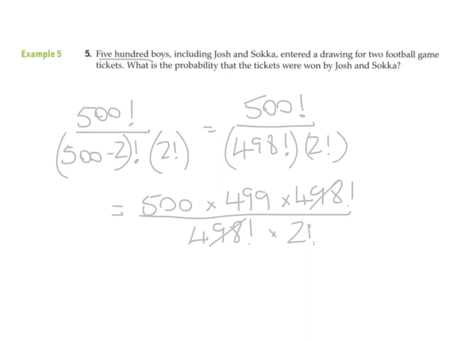The only thing that can be simplified is that 2 goes into 500 250 times, and if we do 250 times 499, you finish up with 124,750. Okay, so that's the different combinations, but you want it as a probability, so your answer is going to be 1 over 124,750. Okay, so that's your answer.